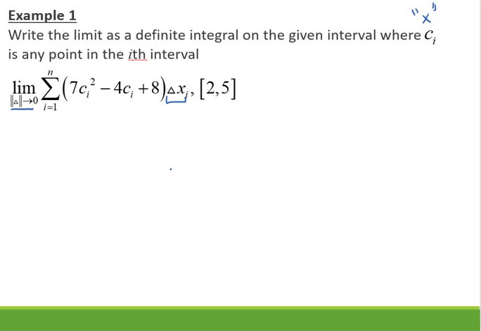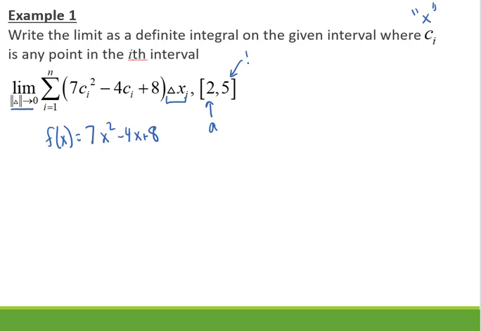So what we need to do is figure out the function. Basically, you're going to substitute in for c sub i wherever you see an x. So my function is 7x squared minus 4x plus 8. This is the interval. The smaller number is a, the larger number is b.